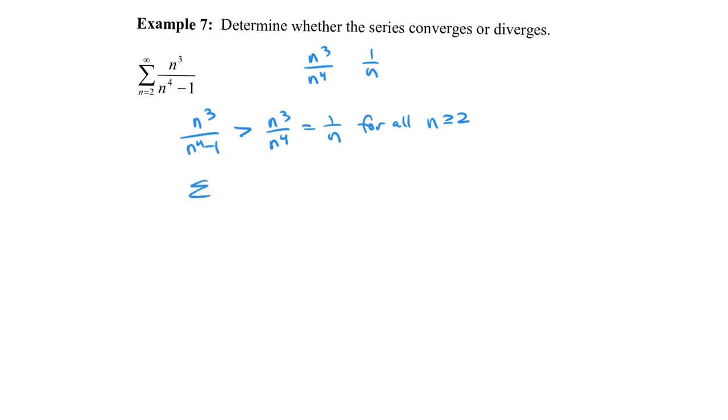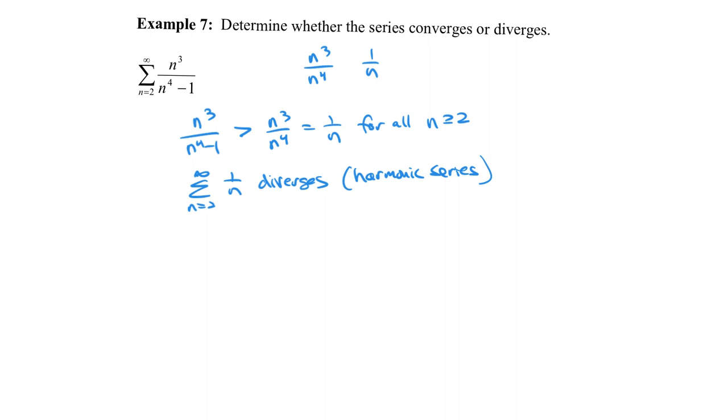We also know that the sum from n equals 2 to infinity of 1 over n diverges because it's a harmonic series, or you could say p series with p equal to 1. We know this diverges, and this is bigger than this. So if this one is bigger than a diverging series, then it diverges.